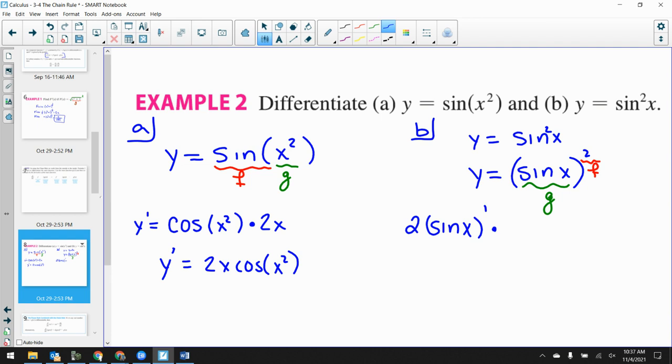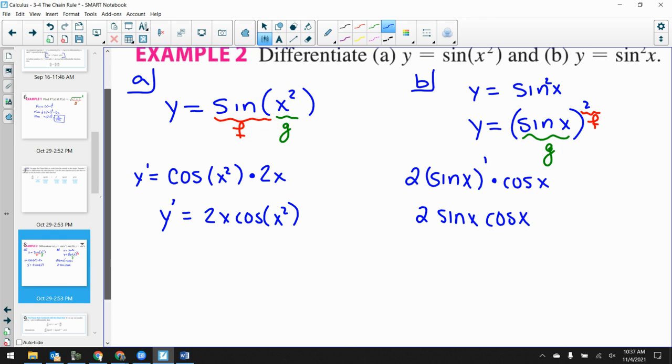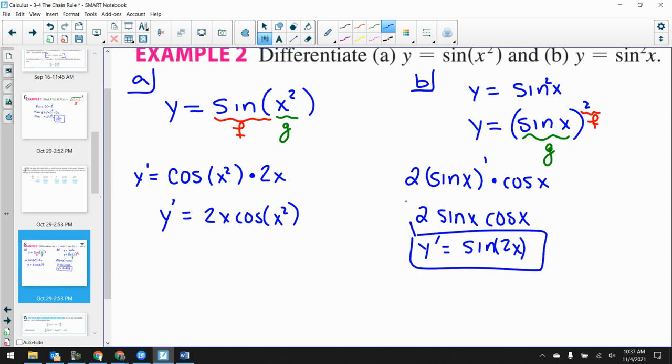And then times the derivative of the inner. What's the derivative of sine? Cosine. And that, 2 sine x cosine x, that's a double angle formula. So y prime is equal to sine of 2x. Honestly, if you got here, though, that would be good, too.